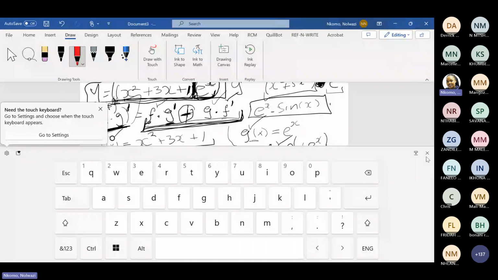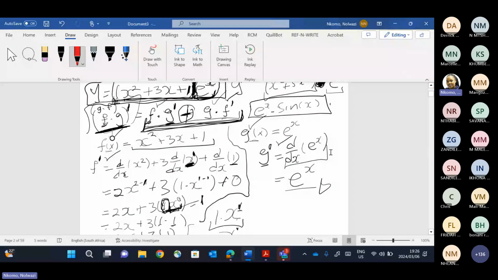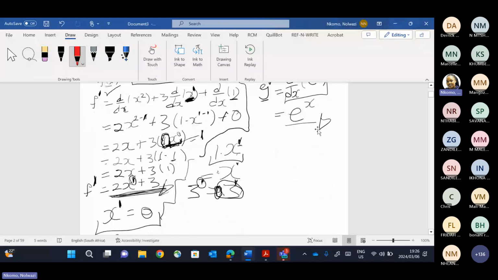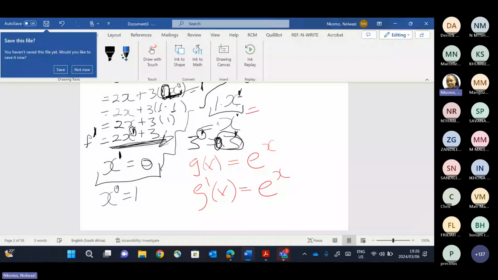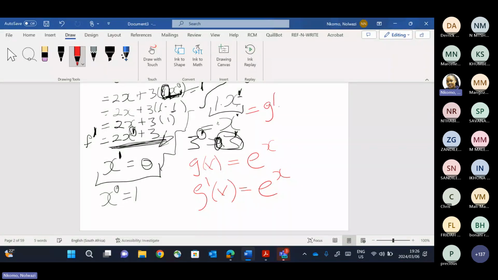Okay, your g of x is e to the power x, and your g prime of x is also e to the power x, right? And then we said our thing is g prime times f plus g times f prime.